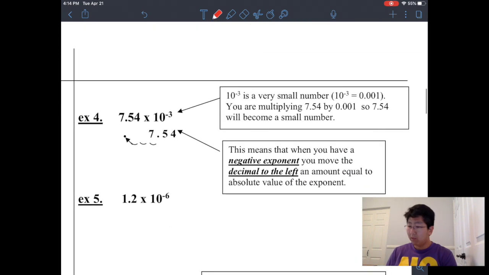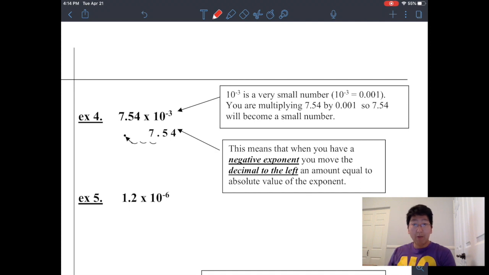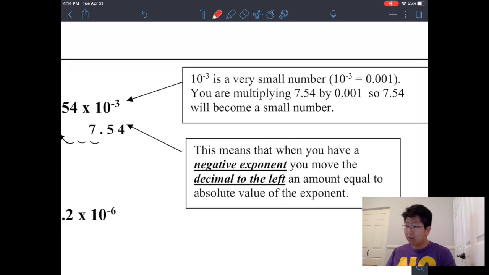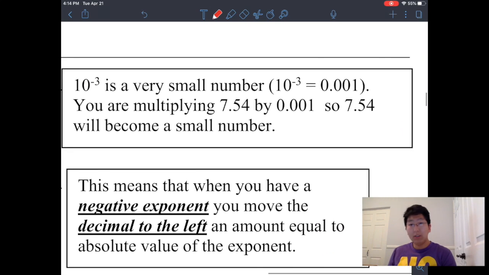Okay? So here, 7.54 times 10 to the negative third. The exponent is a negative number, and that means that we're going to have a very small number. So 10 to the negative third is a very small number. 10 to the negative third equals 0.001. So you're going to be multiplying 7.54 times 0.001. So 7.54 will become a smaller number. Okay?